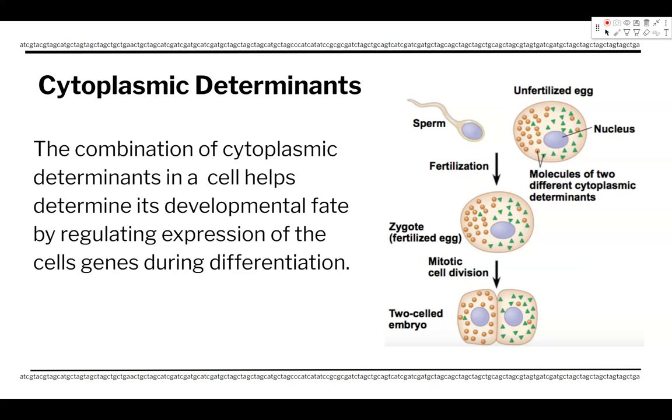There can also be gradients of molecules. We've mapped out almost with complete certainty the development of C. elegans, which is like a little wormy thing, and Drosophila, because we spend a lot of time with fruit flies.